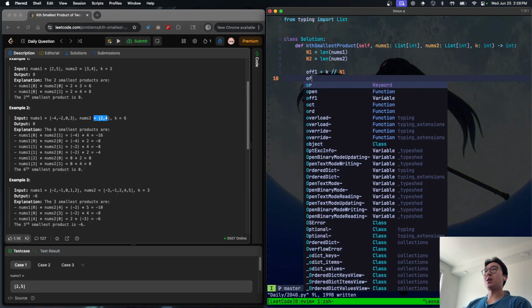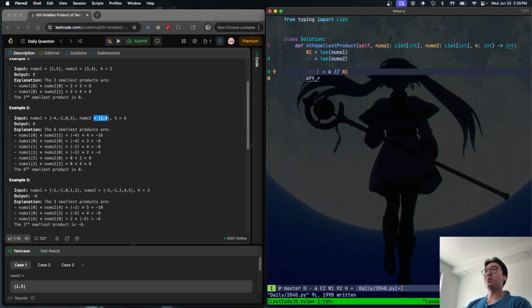And we also want the offset remainder, r, which is equal to k mod n1. Wait, we want divided by n2 actually, right? Oops, n2. And then also put 0 here. I don't think we need any n1 in this case.